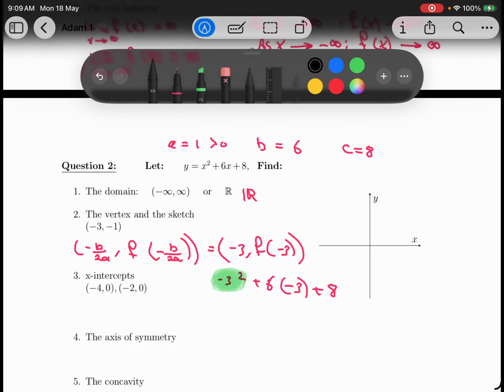And how to make it like that? We need parentheses here. If you don't put these parentheses, the answer will simply be incorrect. So that's why guys, you have to take care even if you are using your calculator. And the answer here, as written before, will be -1. So what we have here, -3 and -1, is the vertex, so the vertex is fine to be here.